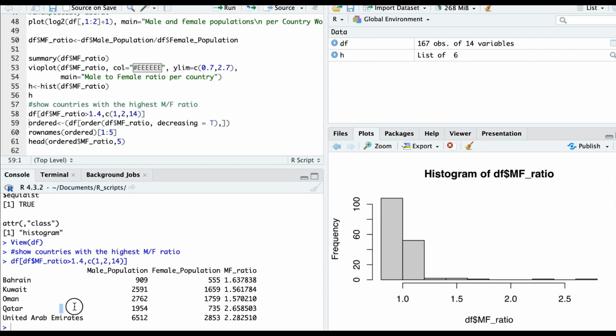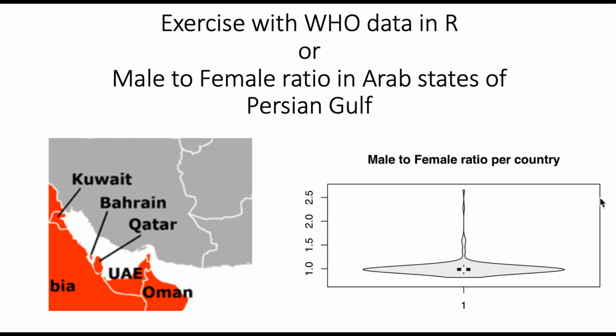That's the highest: 2.65, 2.23. And then a little bit less, but still outstanding, Bahrain, Kuwait, Oman. Interesting, geographically they are all in the same region. It's all the same Persian Gulf countries.